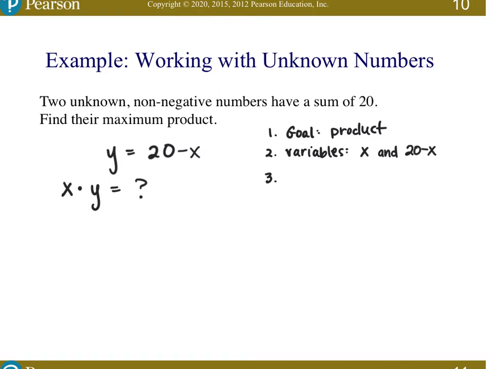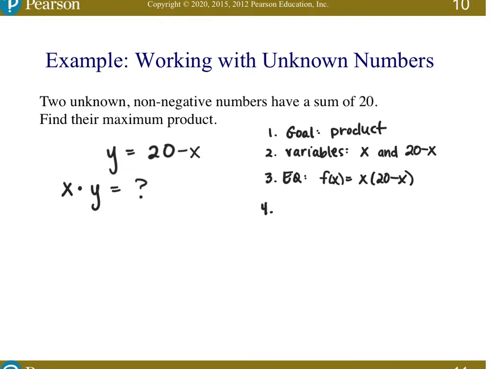So then my equation, instead of being x times y, my equation is going to be x times 20 minus x. That's the product. Now I need to find the critical points of this.